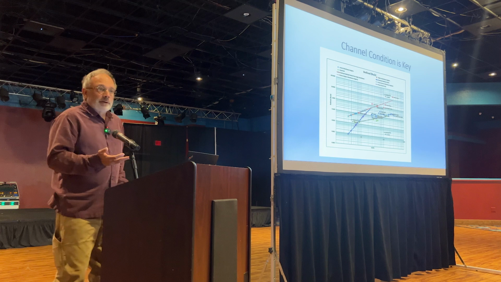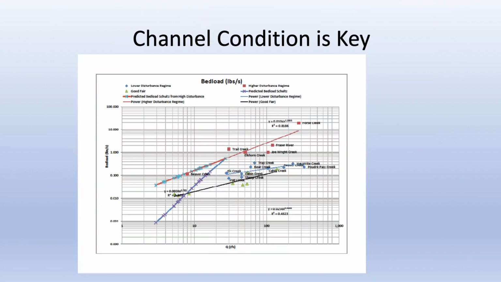Channel condition, when we're talking about channel processes, is a key element. I'll just throw this up there. This is some data looking at sediment rating curves for good condition channels versus poor condition channels. Poor condition means steep banks, eroding banks, incisions, those types of things.